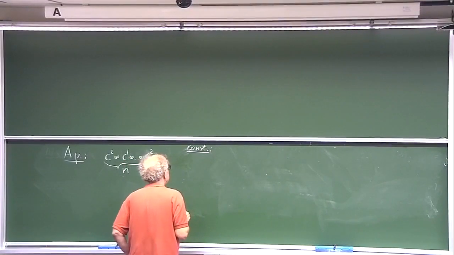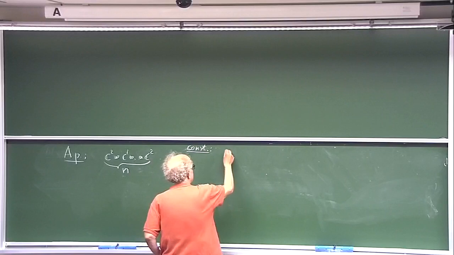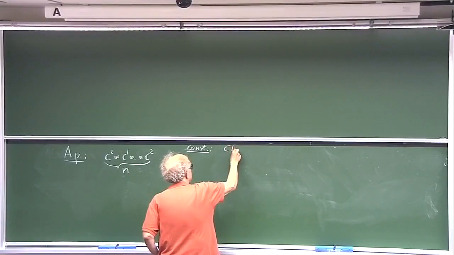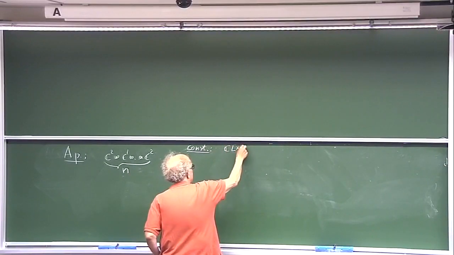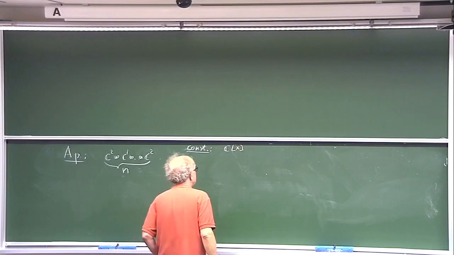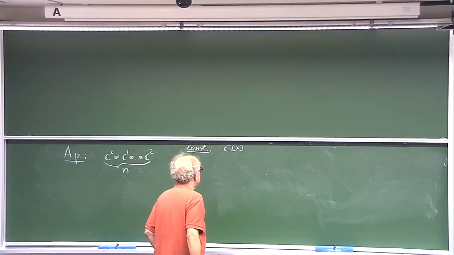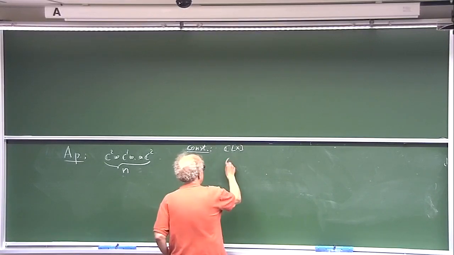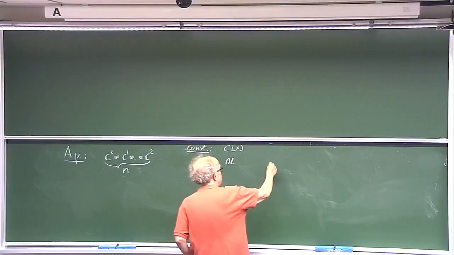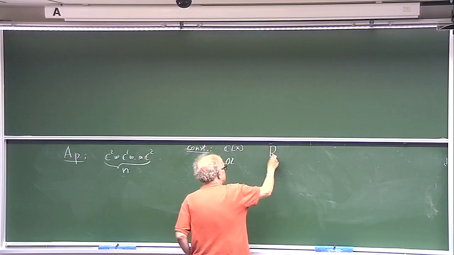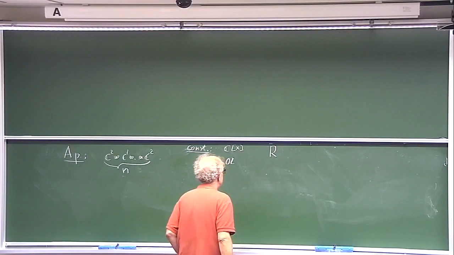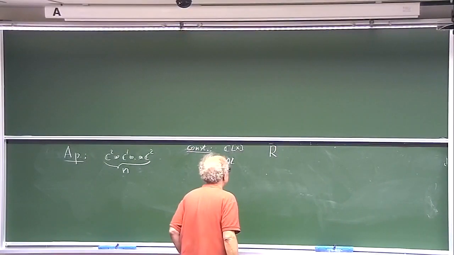I take an abelian algebra, a Lie abelian algebra, and this Lie abelian algebra, in my simple case, is this. It was A, and I took the representation of this abelian algebra.